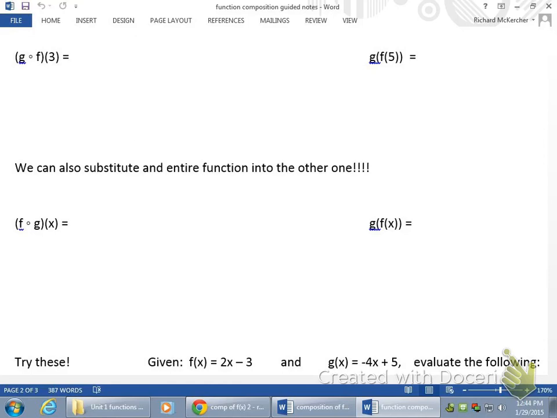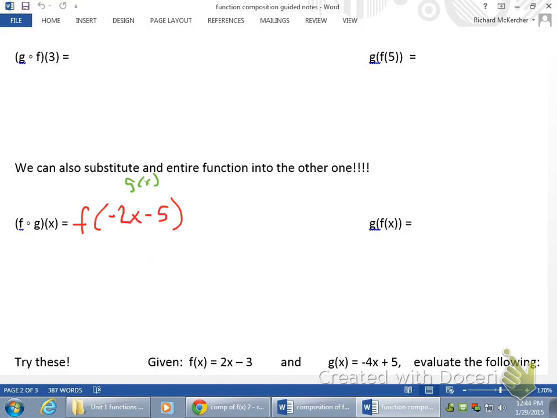Okay, now we're going to go to the next part, and that is that you can substitute an entire function into the other one. This one says f of g of x, so this time I don't have a numerical value to plug in. I'm still going to do the same process. I'm going to take all of g of x and plug it into f.